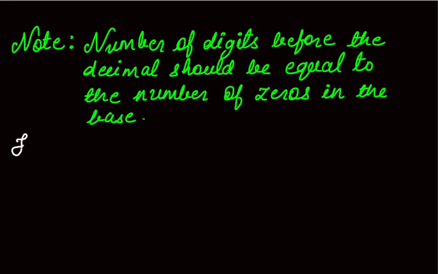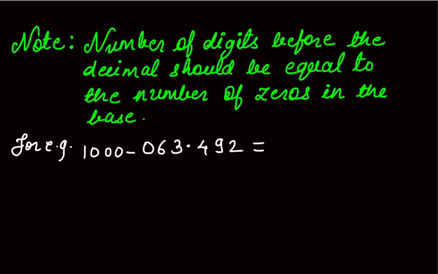For instance, to subtract the decimal number 63.492 from the base 1000, we'll simply add a 0 before the decimal number so that the number of zeros in the base and the number of digits before the decimal become equal. Therefore, on performing subtraction, we get 936.508 as the answer.